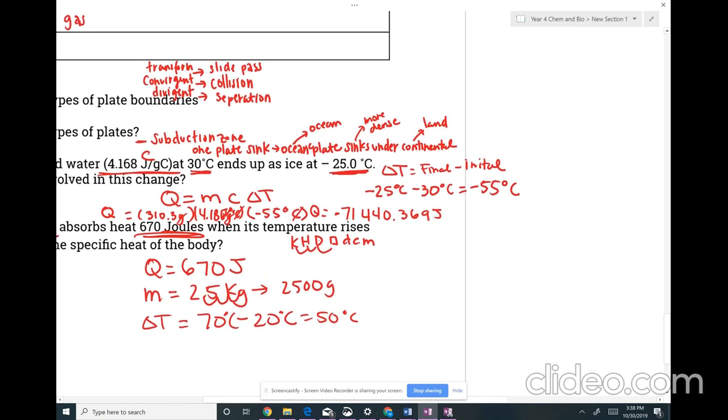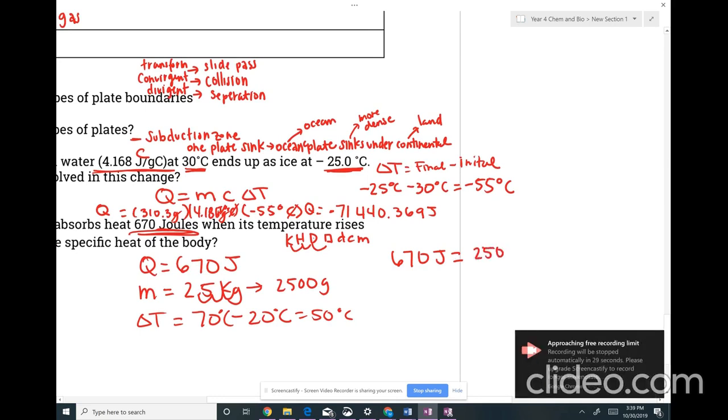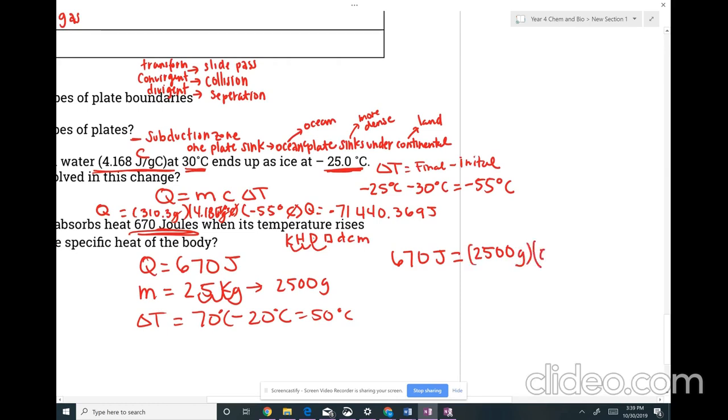So then I'm going to solve my equation. 670 joules is equal to my mass, which is 2500 grams, times my C, which is what I'm looking for, and then my 50 degrees Celsius. And I divide both sides, and that should be it.